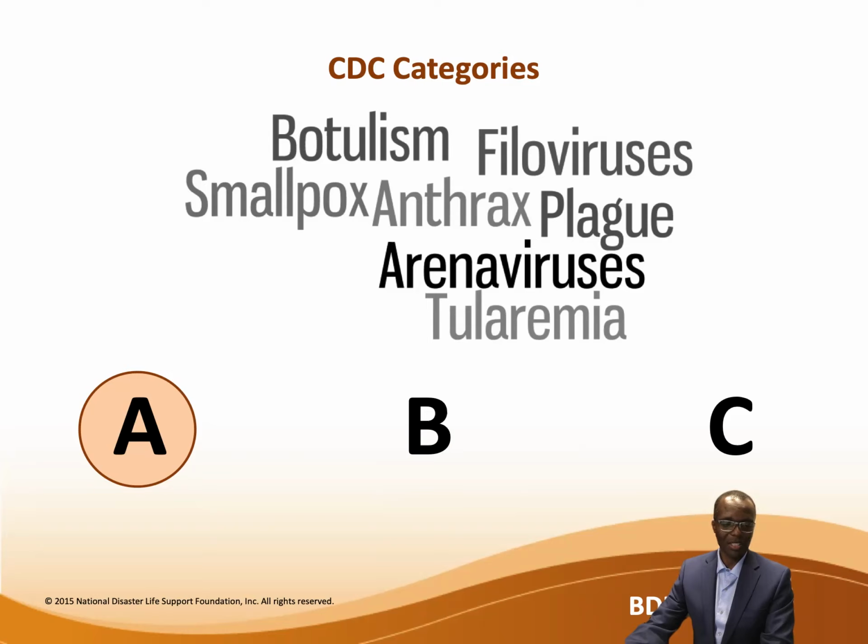Categories B and C are still important, but they pose less of a threat and are believed to be less devastating or likely a threat than category A. A complete list is available in your textbook or on the CDC website.